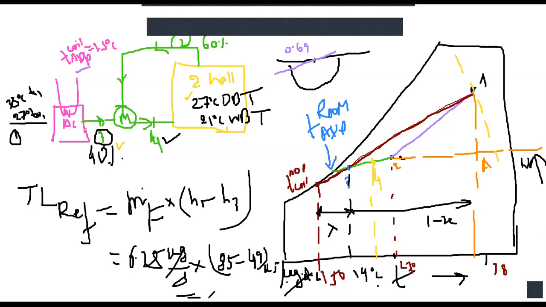Now first of all we calculate this: 6.25 into 85 minus 49.